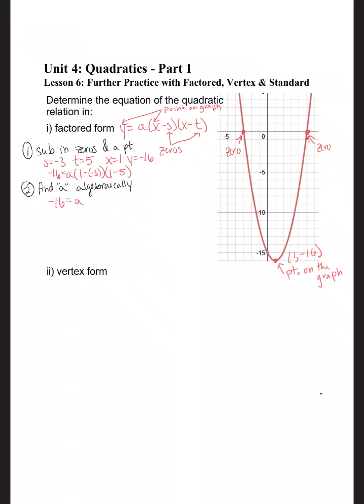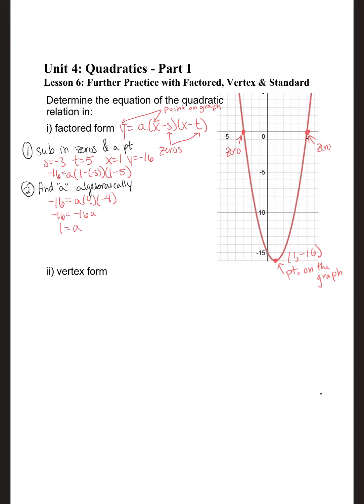So 1 minus -3 is really 1 plus 3, which will be 4. And then 1 minus 5 is -4. So 4 times -4 is -16. We would divide both sides by -16 and we would find that a is equal to 1.